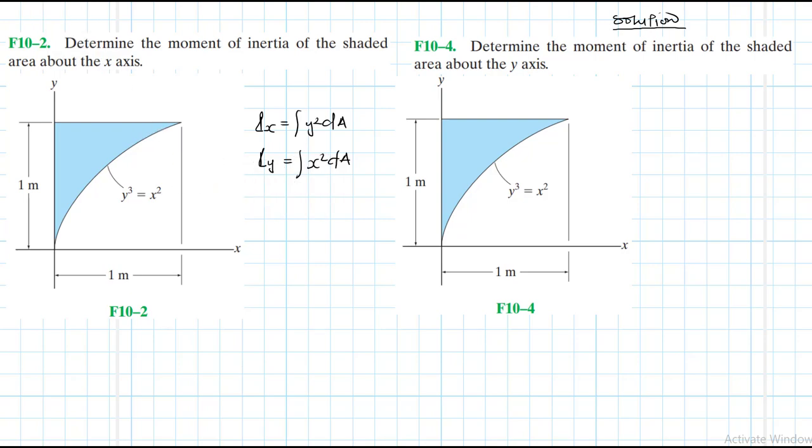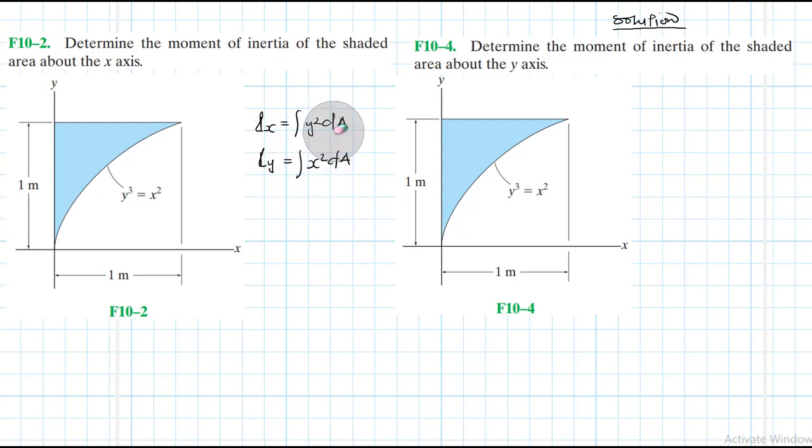So moment of inertia of an area is a geometric property of an area or a shape, such as the cross-section of a beam, which describes how the area is distributed around and about an axis. An axis where you want to find the moment of inertia of an area.